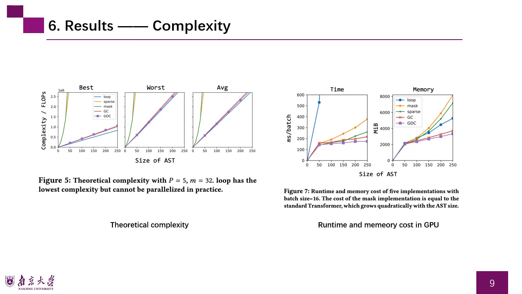GDC slightly outperforms GC and has a complexity close to loop. We also analyze the runtime and memory cost in GPU, different from theoretical analysis. Operations in GPU can be computed in parallel. From the figure, we can find that time and memory usage of GDC scale linearly with the AST size and it has the fastest speed with the lowest memory cost.